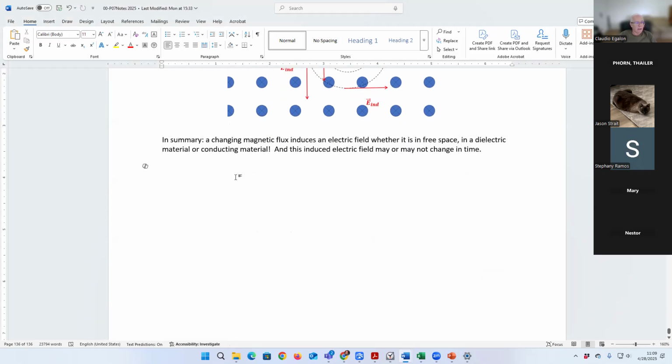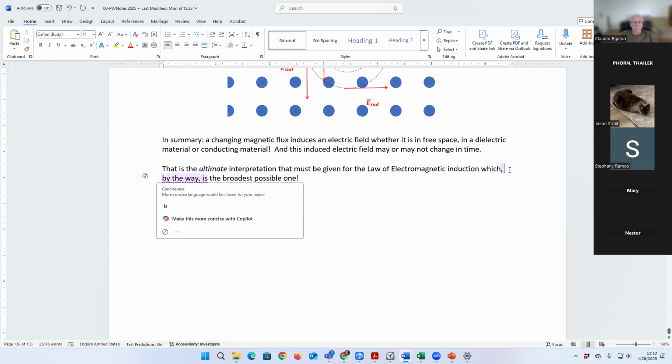Here you go, I want to write that down for you. That's the ultimate interpretation that must be given for the law of electromagnetic induction, the broadest and most generic one.